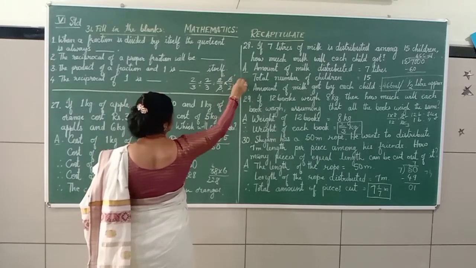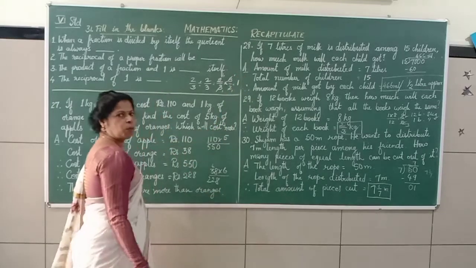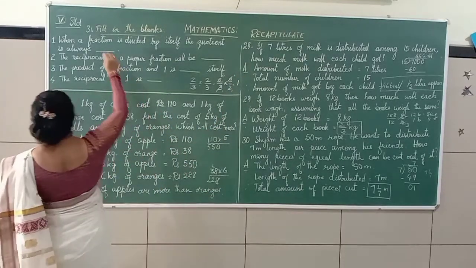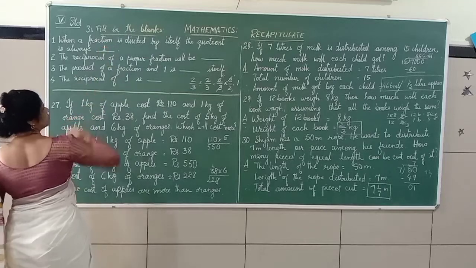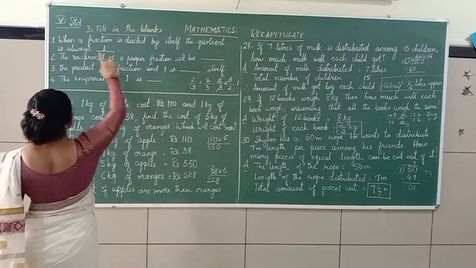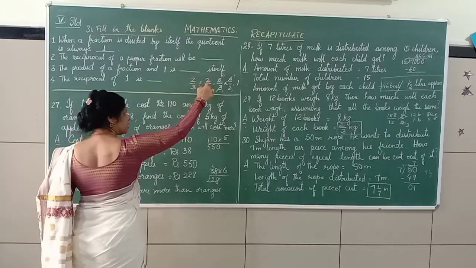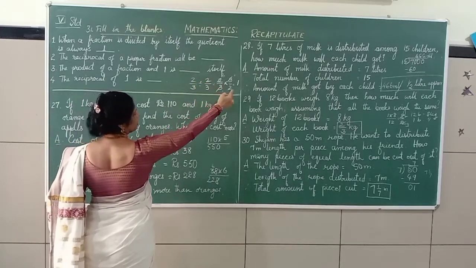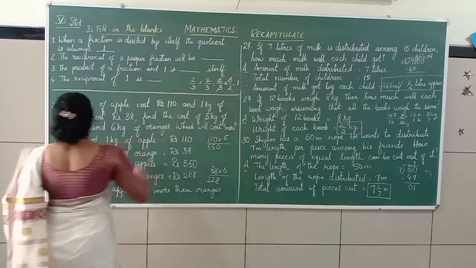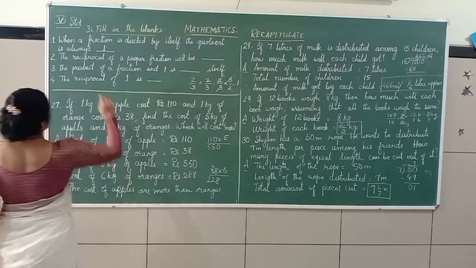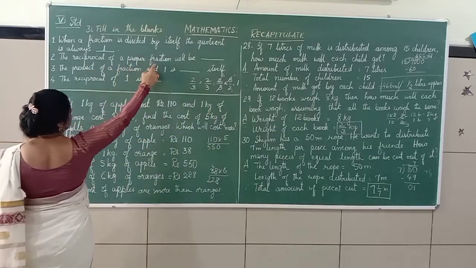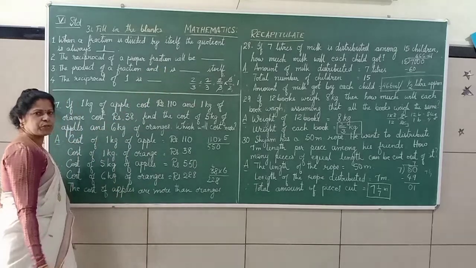So what will be the answer? It is 1. Understood? So you should write it as 1. Got this point? The fraction is divided by itself. This is a fraction and it is divided by the same fraction. What will be the answer? The answer is 1.